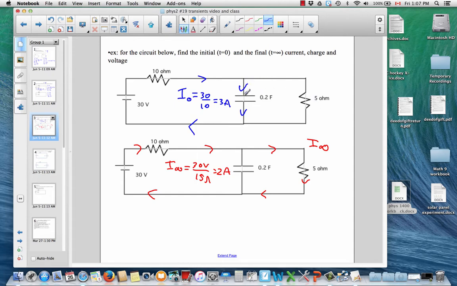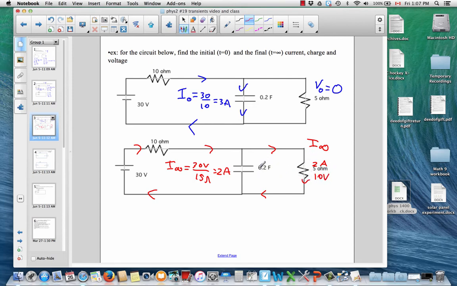With initially all the current going this way, there is no voltage drop across this resistor. But at time infinity, now with 2 amps flowing through this resistor, there's a 10 volt drop across the resistor.